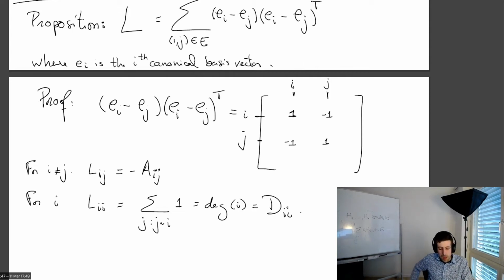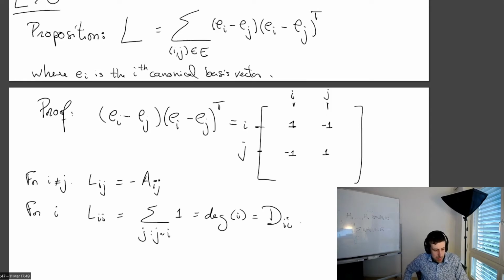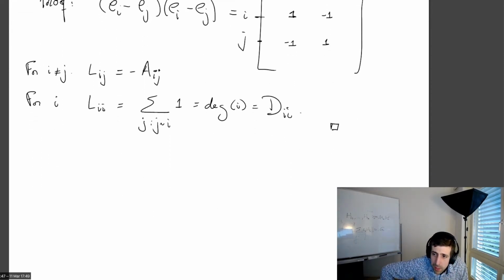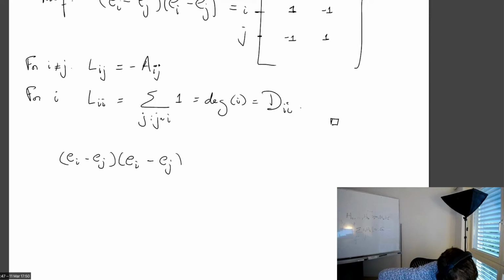Okay. So this is the proof. Now, each one of these matrices, it's easy to see that (e_i minus e_j)(e_i minus e_j) transpose is a vector times a vector transpose.